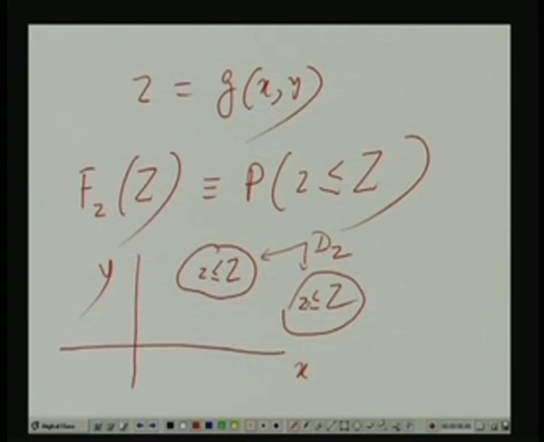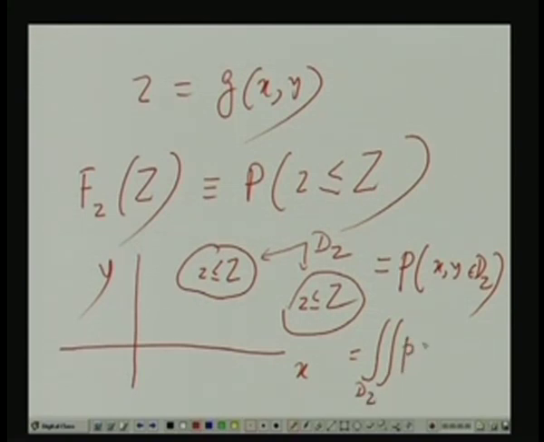Which means this is nothing but P of (x, y) belonging to D_Z, which is nothing but the double integral over D_Z of p(x, y) dx dy.